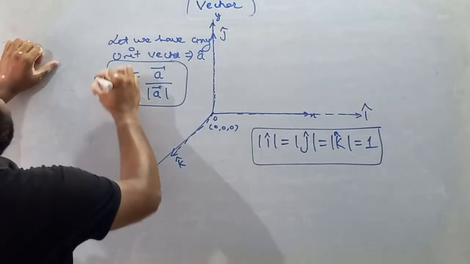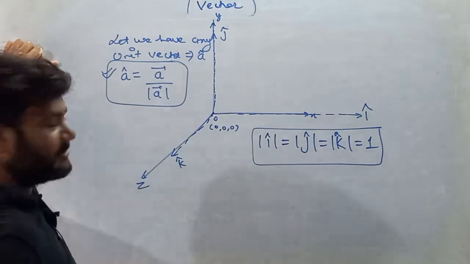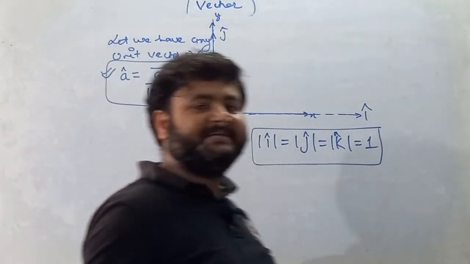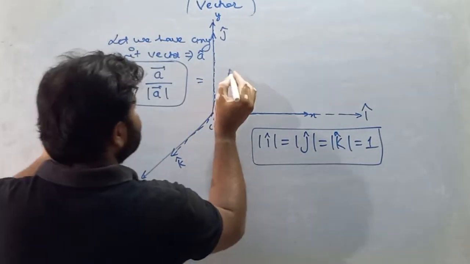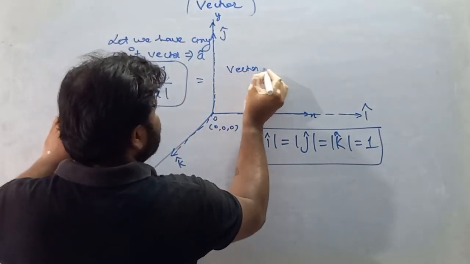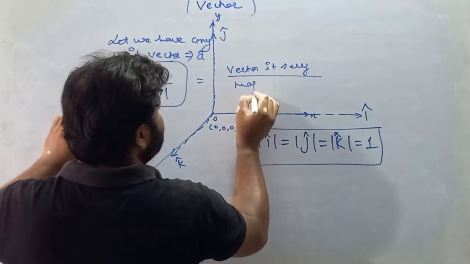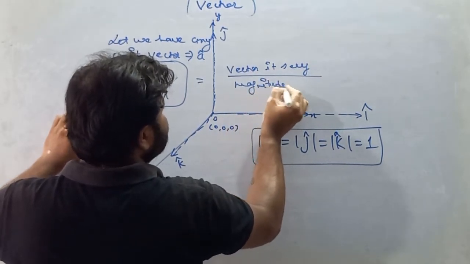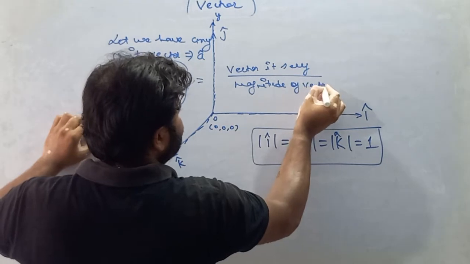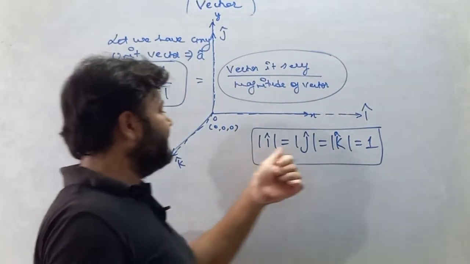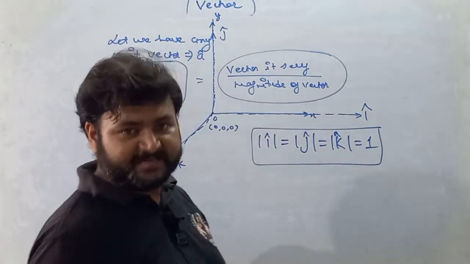This is called unit vector. So vector itself upon magnitude of that vector. I'll write it in literature: vector itself upon magnitude of vector is called unit vector. So the magnitude of unit vector is always, remember, 1.